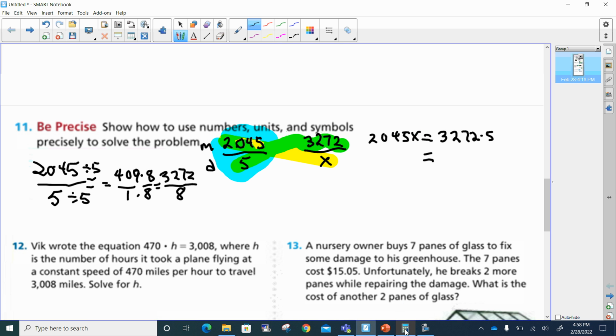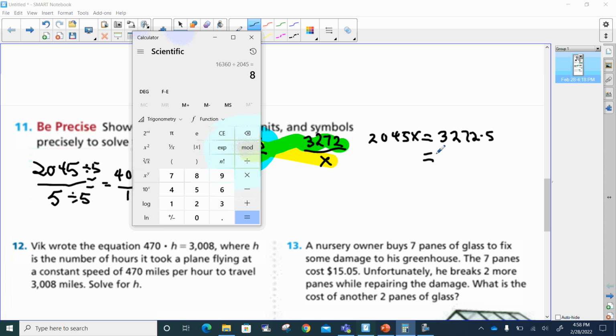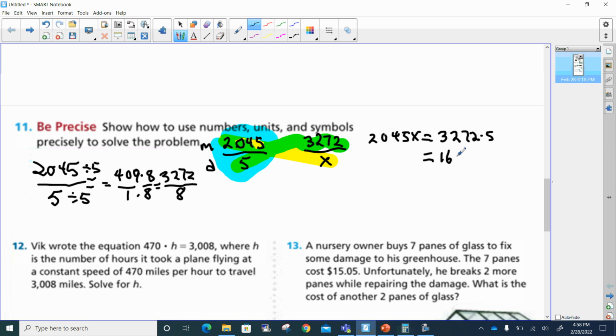Equals 16,360. And we would have had to divide 2,045 away. And that would give us x equals 8.